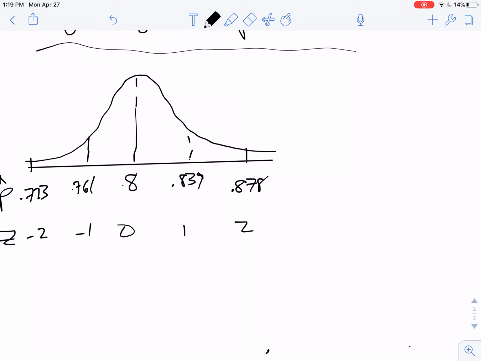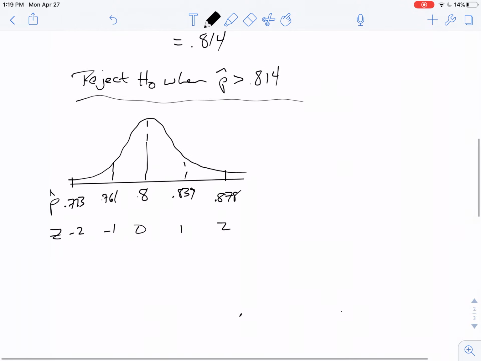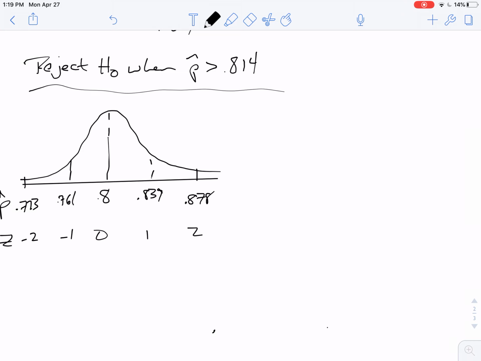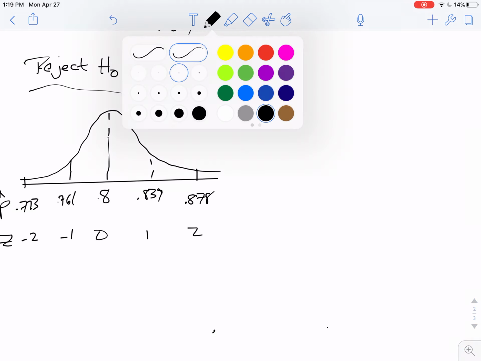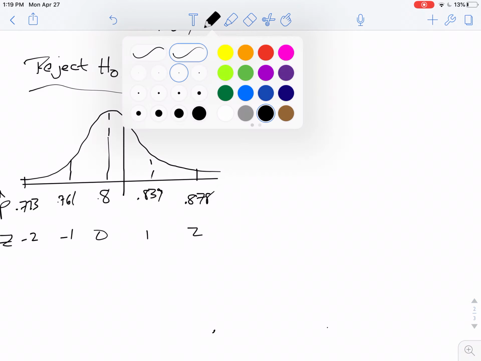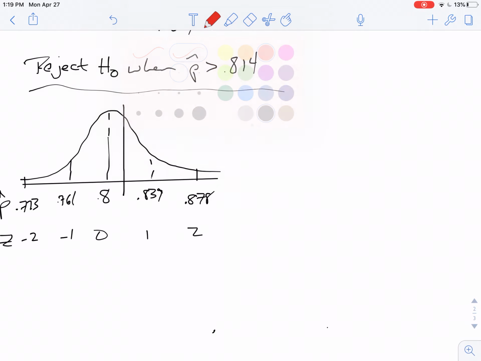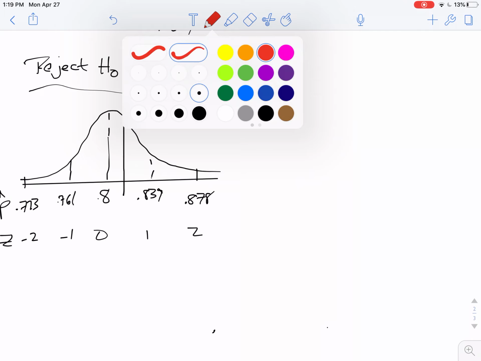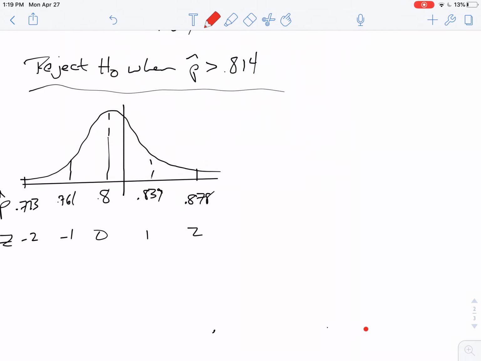Okay, so now what I'm going to do is I'm going to figure out where 0.814 is on my picture, and it's going to be about here. Okay, and what that does then is that separates my picture kind of into two regions. So this region up here is where I reject the null.